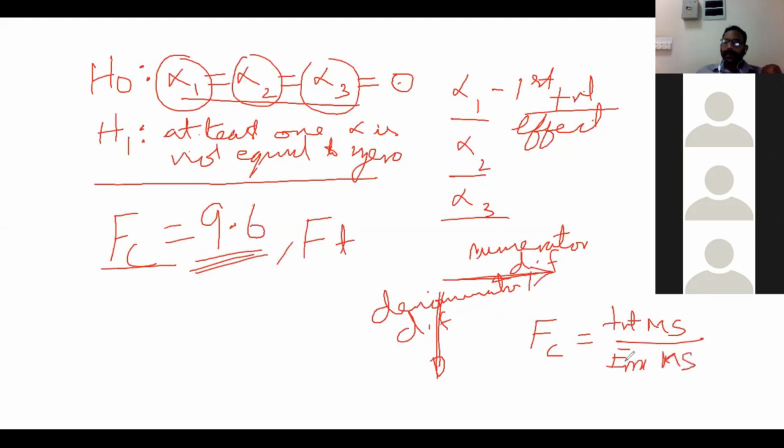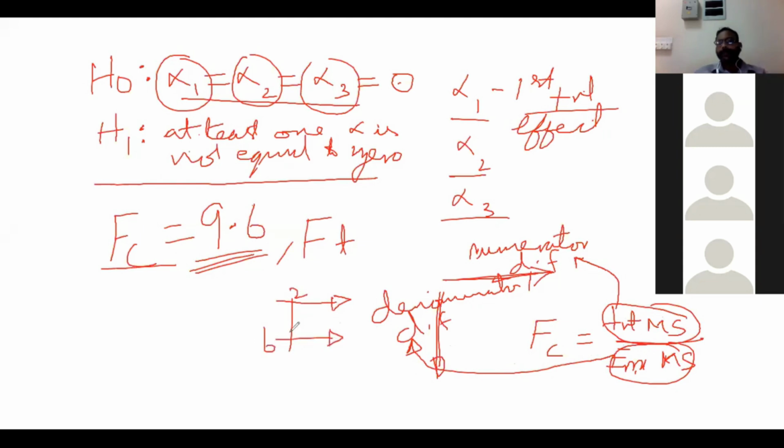So this is the numerator and this is the denominator. What is the numerator degrees of freedom? 2. What is the denominator degrees of freedom? 6. In this direction, look for the value of 2, and in this direction, look for the value of 6. Look at the values and tell me.